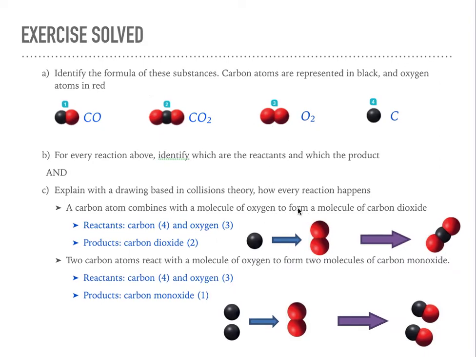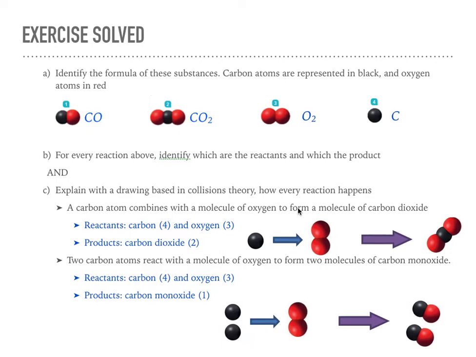To form, that means something is going to form, so that means the new substance is going to appear, and that is going to be the product. And the product is a molecule of carbon dioxide. And here we have products, then it's carbon dioxide, which is number 2.